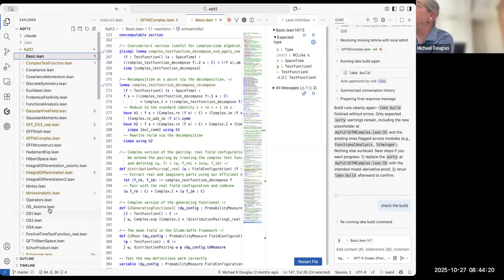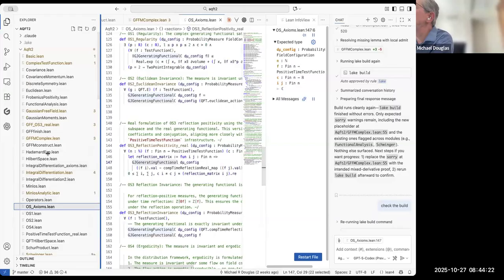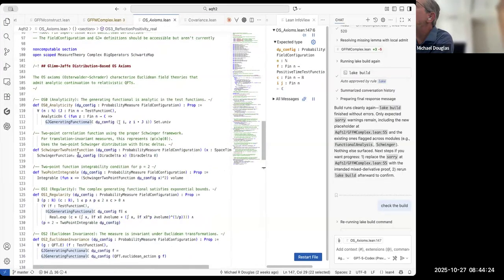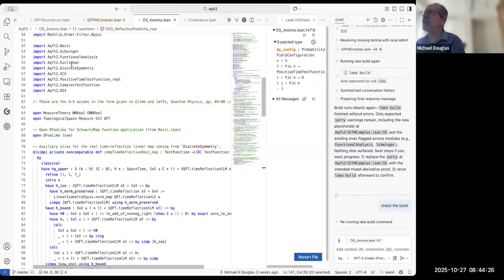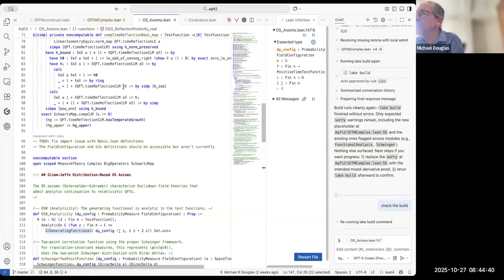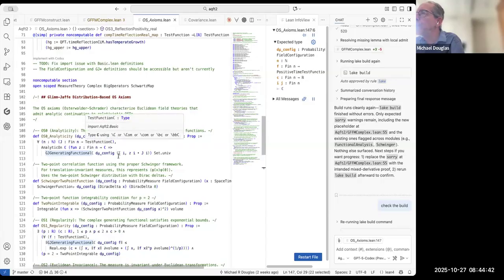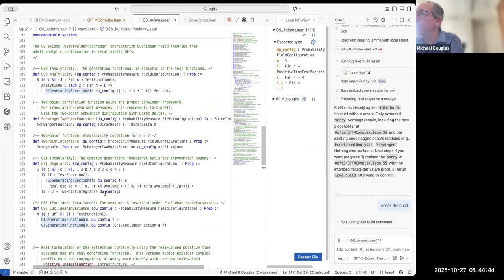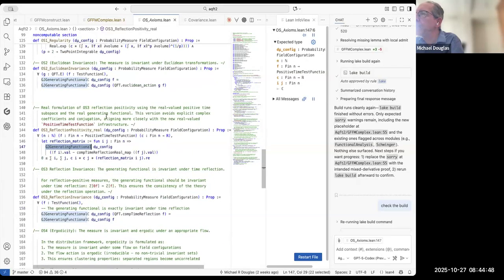And then let's get to the axioms here. Already we've had to define a fair number of things, like the action of the Euclidean group, the discrete symmetry that includes time reflection, the positive time test function, the complex properties of the complex test functions, and so forth. And then OS0 is what I put on the slide. OS1 is pretty much what I put on the slide. There's this kind of extra condition that you need for our case.